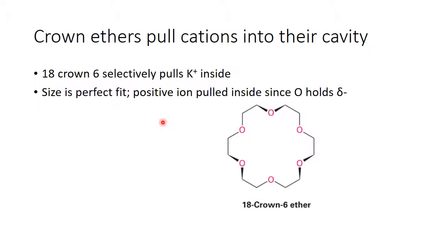In fact, potassium salts have a hard time being dissolved in organic solvents because they're not very polar. But if you put a crown ether in the solvent, the crown ether has a great time being dissolved in an organic solvent. But the potassium also likes to sit inside the crown ether.